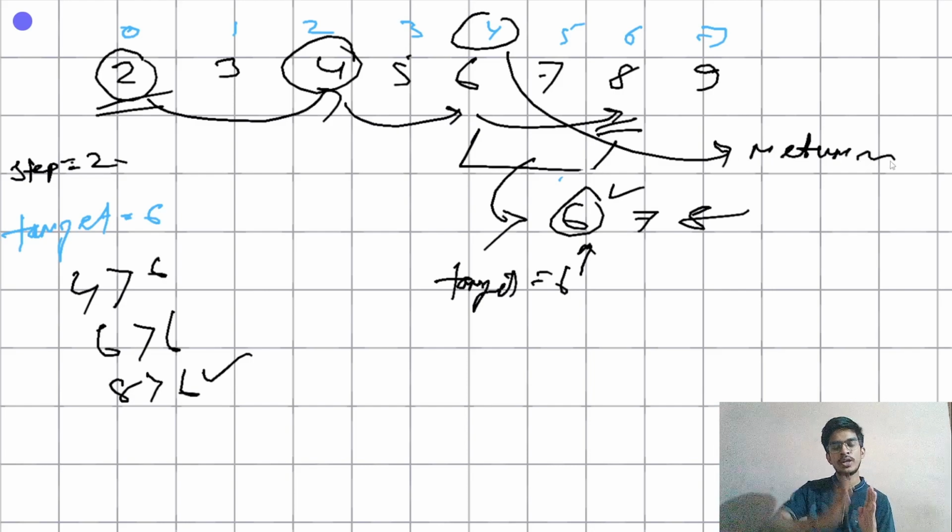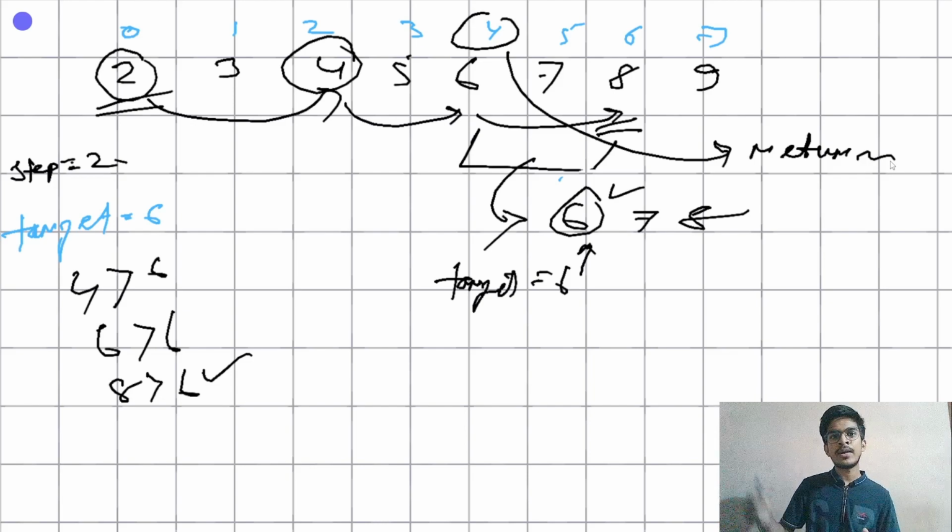It will take some specific step depending on the size of the array. I will talk about how to calculate the step. It will go to the step and check if that current element is greater than 6.